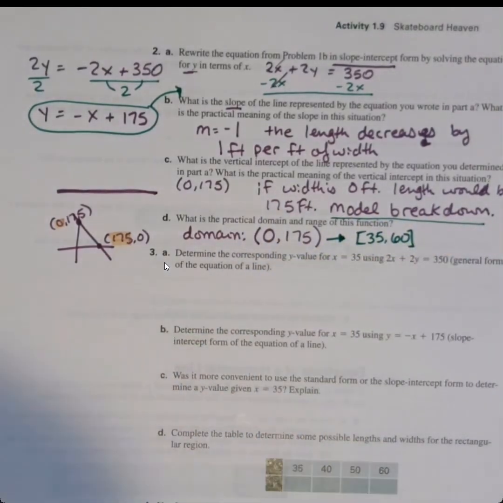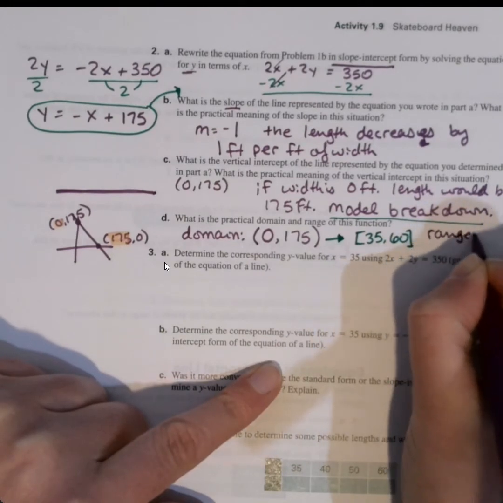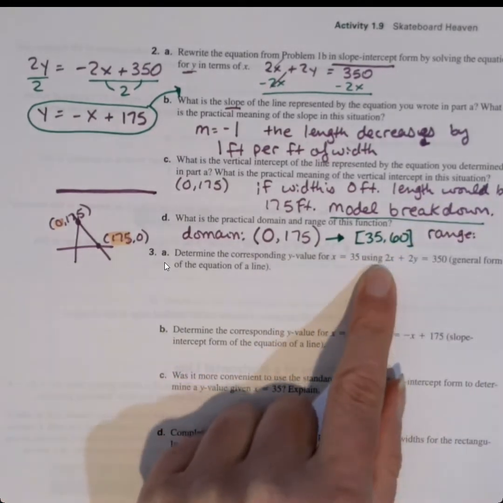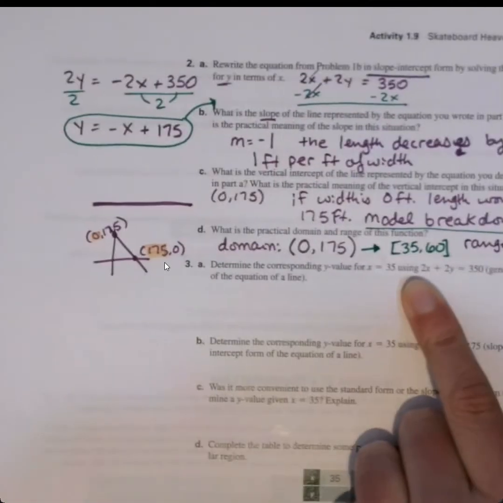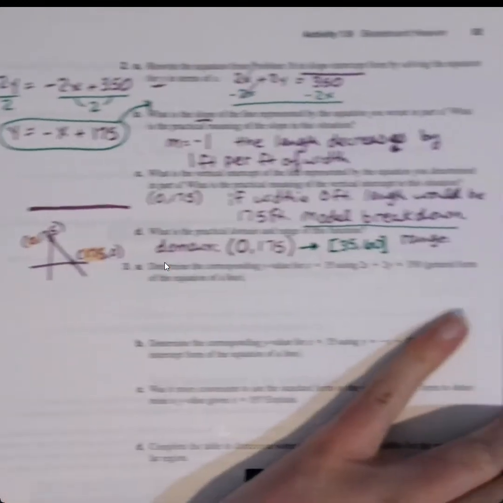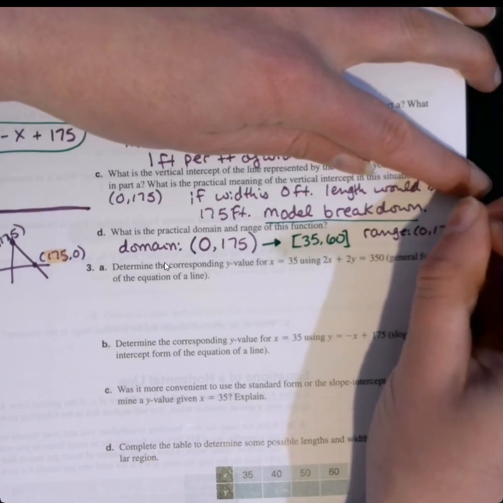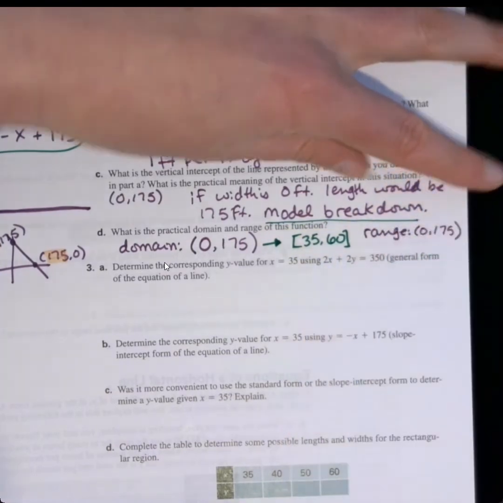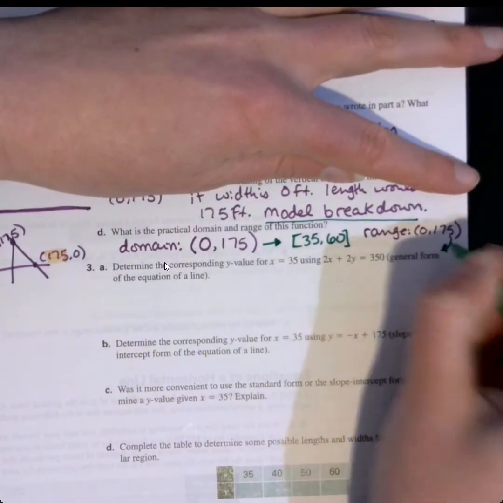Okay, so now what does that mean for our range? If we have a tight domain, we're going to have a tight range based off of it. If not, then I would have used 0 to 175. So just to keep in spirit, I'm going to write that down as the broad range, but then we're going to tighten that range down based on the 35 and the 60.